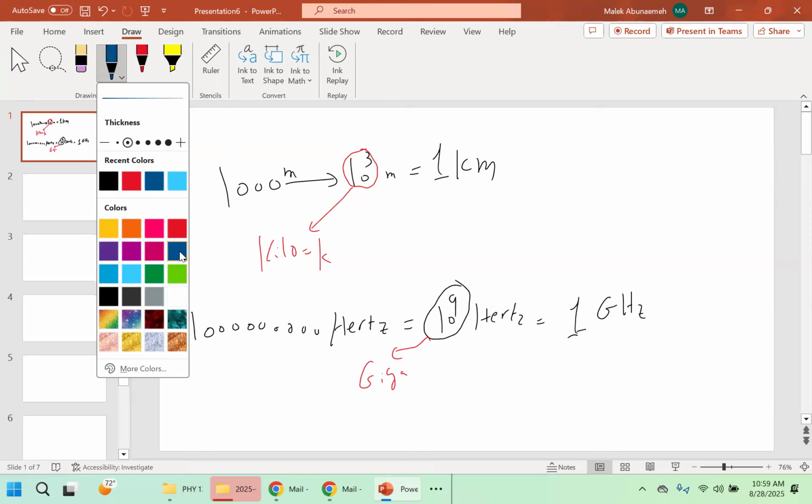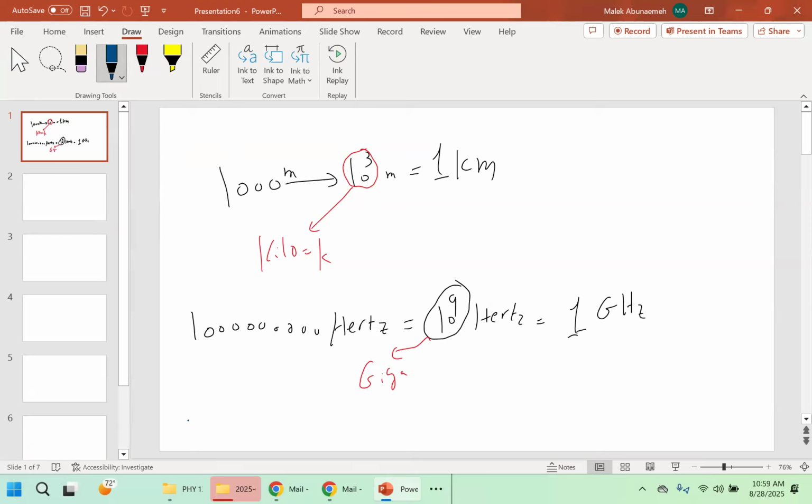Let's do one more example, shall we? Let me get a different color. Let's say you have this time 0.001 meters. Let me just write it down, M. Let's say you got 0.001 meters. For this one, you're going to have to move the decimal 3 places. So it goes 1, 2, 3. So it'll be 10 to the negative 3 meters.